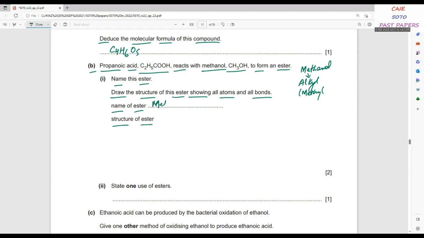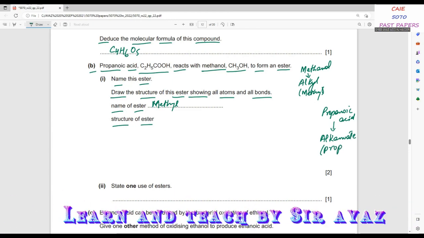Alkanoate will be coming from the carboxylic acid, which is propanoic acid here. Propanoic acid gives propanoate. Methyl propanoate.